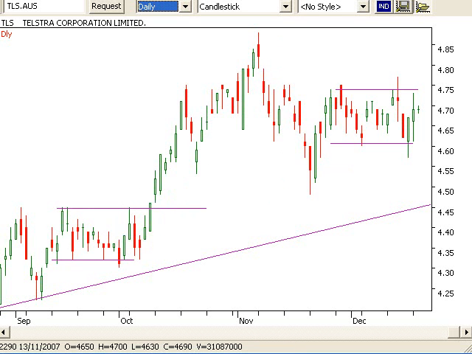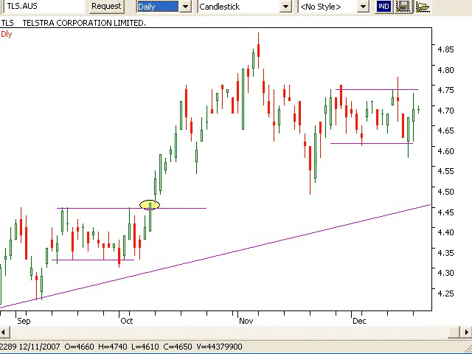Let me just extend that line. See, it closed above the top of that sideways consolidation, and the movement to the upside was pretty significant. That's what generally happens when we get some consolidation: it's just lining out, and suddenly it'll break out.